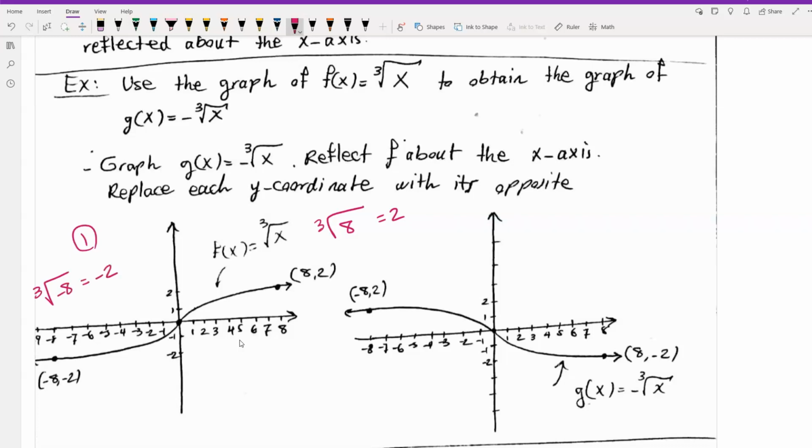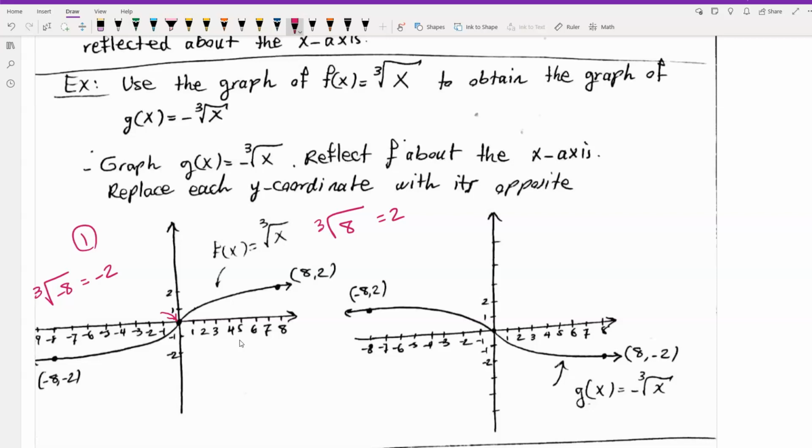So we have (-8, -2), we have (0, 0), and we have (8, 2). You can use more points if you don't know how to connect these points. Here in this case, we don't have a straight line, because of having this cube root.